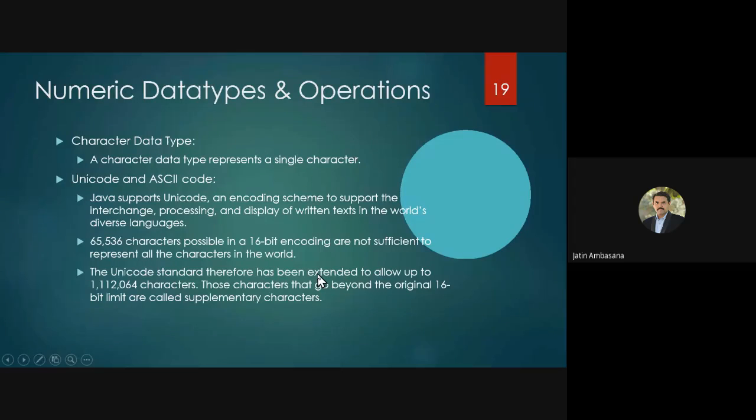Now we have seen how the character data type is defined. We know that the character data type is defined like this: char ch equal to a. This is how we define the character. And characters support both Unicode and ASCII characters. That's the best part.